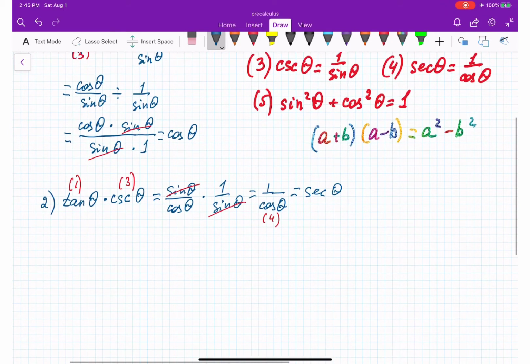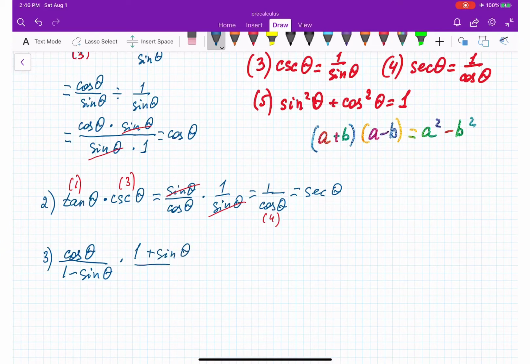Number 3. Cosine theta over 1 minus sine theta times 1 plus sine theta over 1 minus, it's 1 plus sine theta.